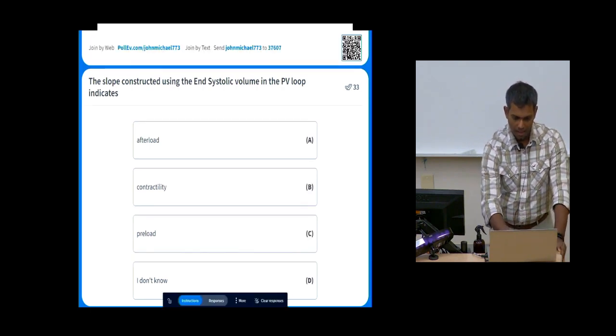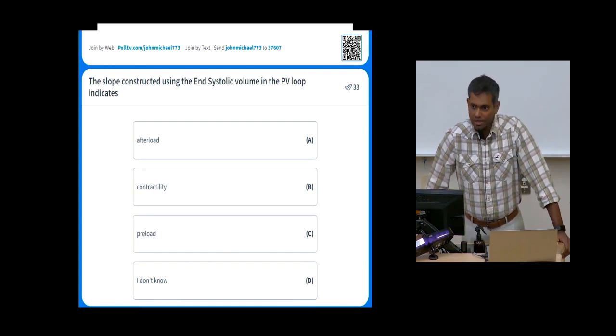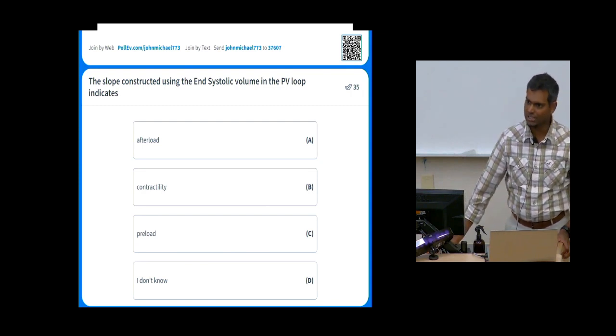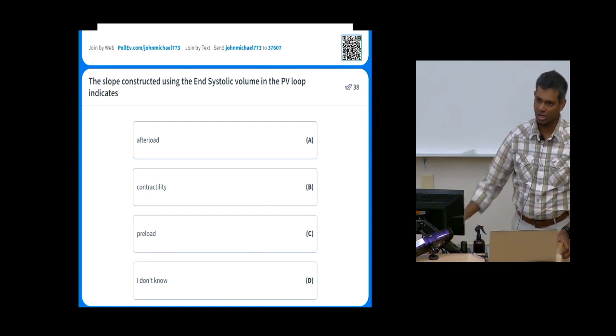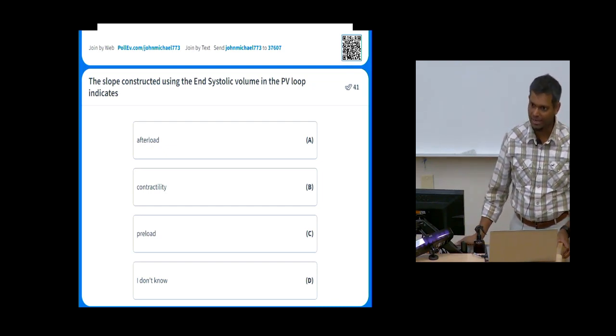Alright, so the next question is, the slope constructed during the end systolic volume in the pressure volume loop indicates which of the following? Does it indicate the afterload, contractility, or the preload? So you have the pressure volume loop and then there's a slope constructed at the end systolic volume. What is that indicating?